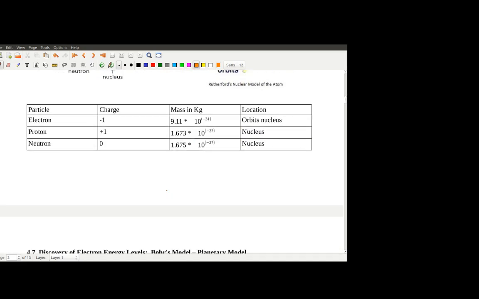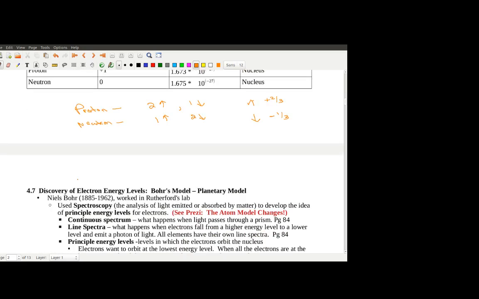And so you should have added in here that a proton has 2 up quarks and 1 down quark. And a neutron has 1 up quark and 2 down quarks. And the up quark has a positive 2/3 charge, and the down quark has a negative 1/3 charge. Okay, so you need to make sure you added that in there.